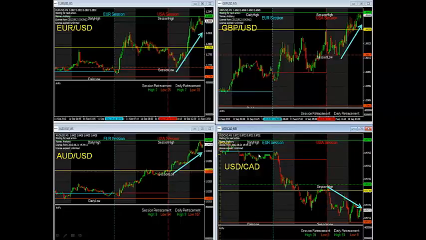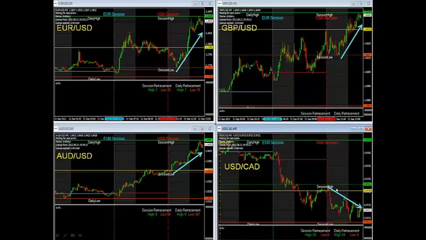And at the dollar CAD, because the dollar's first and the dollar CAD is second, you can see that it moved lower for the rest of the day, confirming that every single one of these pairs was moving in the same direction. The interpretation, very simple, that the US dollar was losing strength versus the euro, versus the pound, versus the Aussie, and you can see here on the dollar CAD, the US dollar was weaker as well.